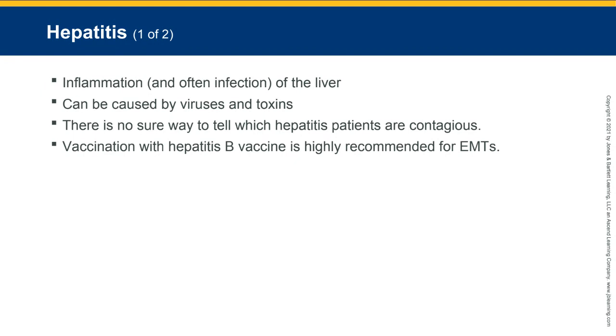Vaccination with hepatitis B vaccine is highly recommended for EMTs, and it's a requirement. So to work in a proper EMS system, you need to have your hepatitis B vaccine. And I think they have a combination now where you can get hepatitis A and B vaccine. So it's one vaccine and you get A and B.